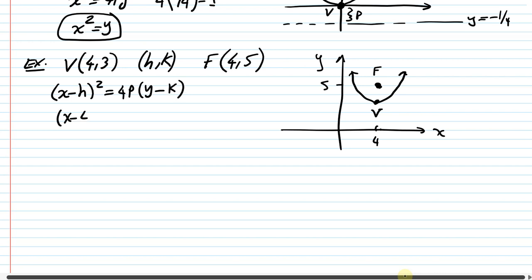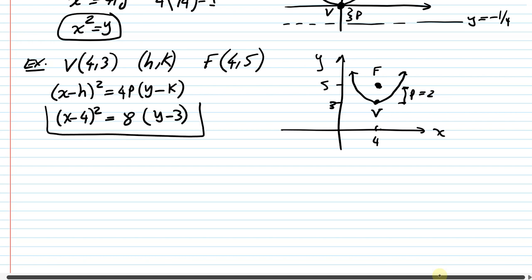We know h is 4, and 4p we'll handle in a moment, and k is 3, so that's y minus 3, right? Now, the distance from vertex to focus, we are at 3, so p is 2, isn't it? P is 2, 2 times 4 is 8, and there is the equation of this parabola.